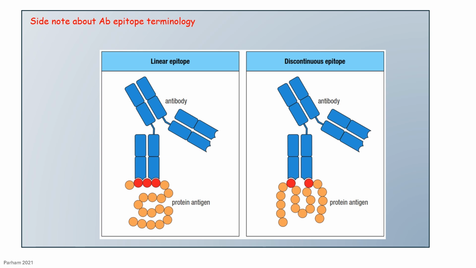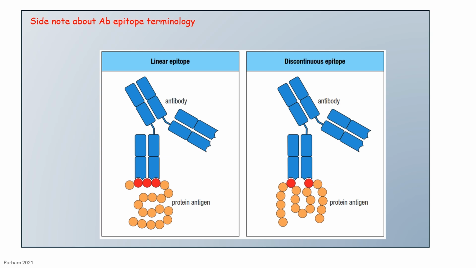So we had the naive B cell, which is mature but naive in the germinal center or lymph nodes. Finally, it's found itself an antigen from something pathogenic that it can recognize. Then it's going to become either a plasma cell or a memory cell.